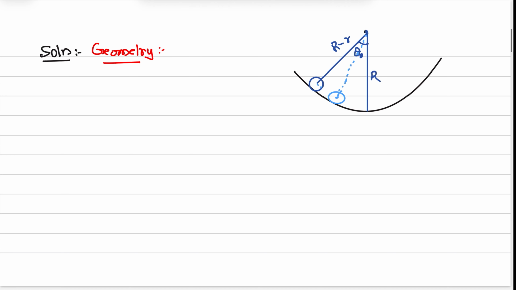This is the path of the COM, center of mass of the small solid sphere. This blue line is the path of the center of mass of the small sphere. Are you able to understand? Any doubts? Please ask in the comment column.